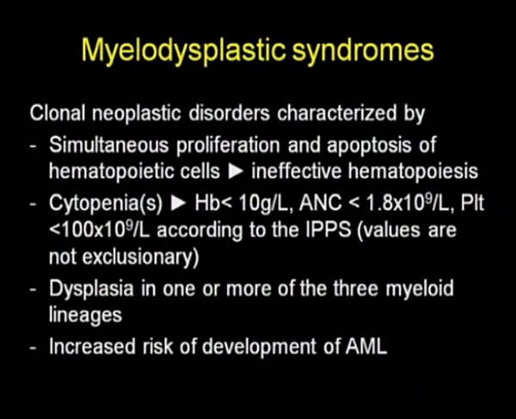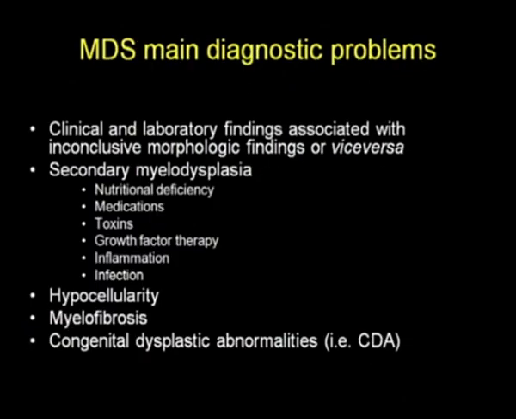And again, to define myelodysplastic syndromes, we should have a dysplasia in one or more of the 3 myeloid lineages. And to complete the framework of these pathologies, these are syndromes with an increased risk of development of an acute myeloid leukemia.